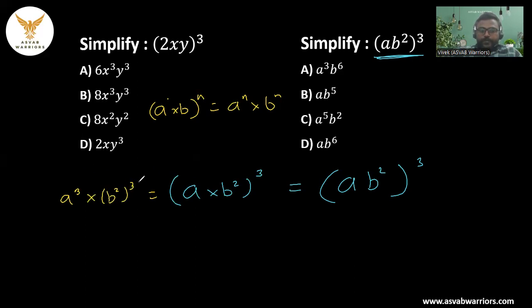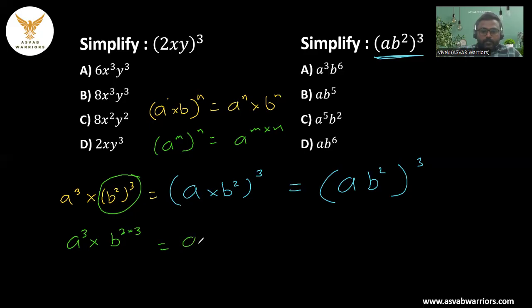Now for this particular thing I'm going to use the power to the power identity. If I take (a to the power m) to the power n, what is it? A to the power m times n. So a to the power 3 times b to the power 2 times 3. So we have a cube b to the power 6. So option A will be correct.